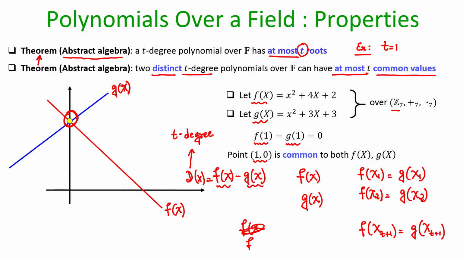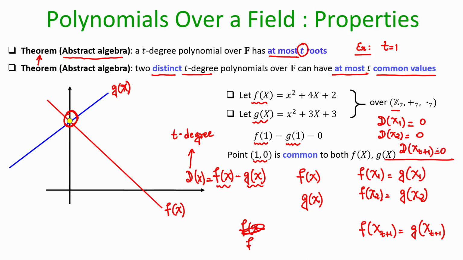Okay. Now, what can I say about d of x 1? D of x 1 will be f of x 1 minus g of x 1, but f of x 1 and g of x 1 are the same, hence d of x 1 is the 0 element. In the same way, d of x 2 will be the 0 element, and like that d of x t plus 1 is also the 0 element.